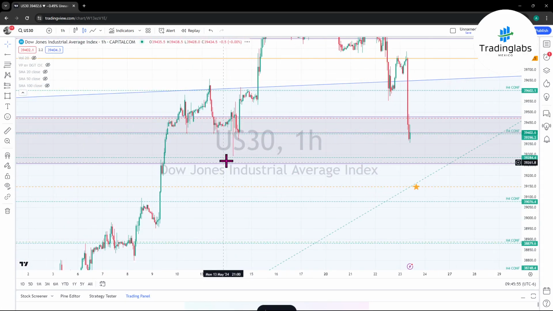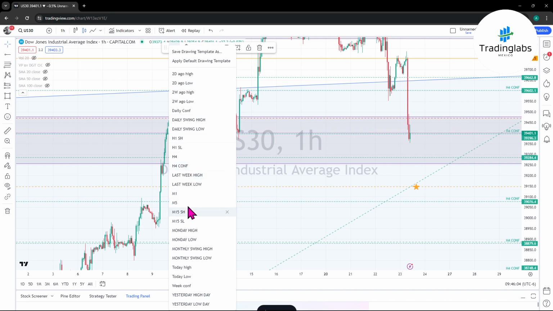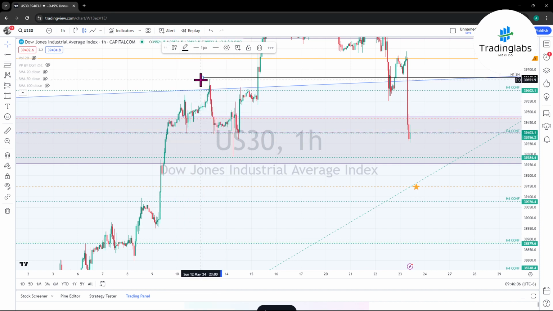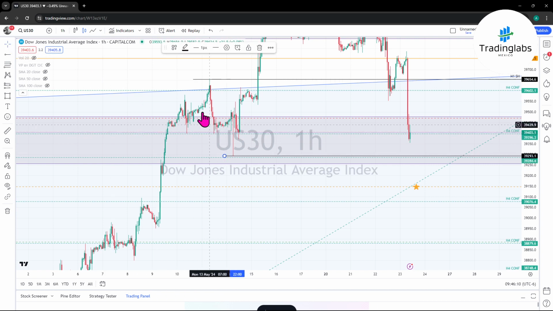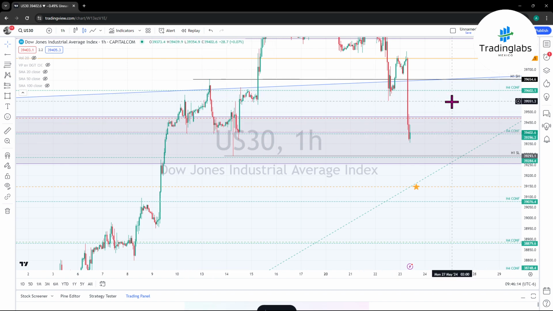So I have to see, for example, right now we have this H1 swing high, right? This H1 swing high and this H1 swing low.